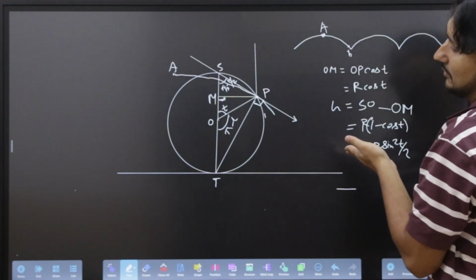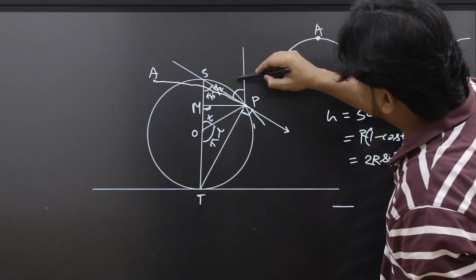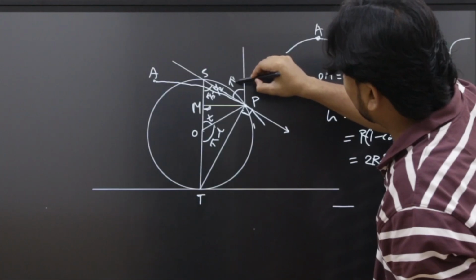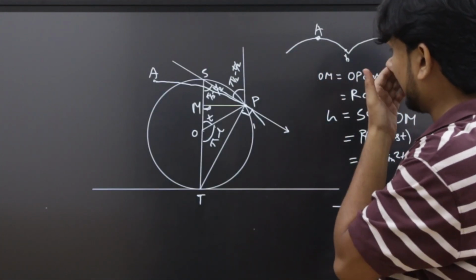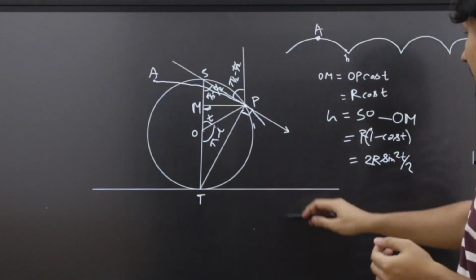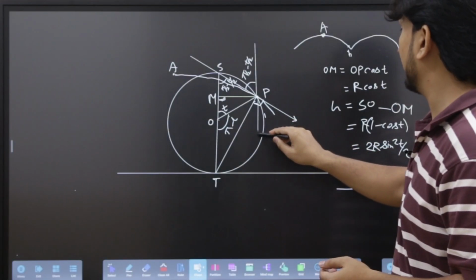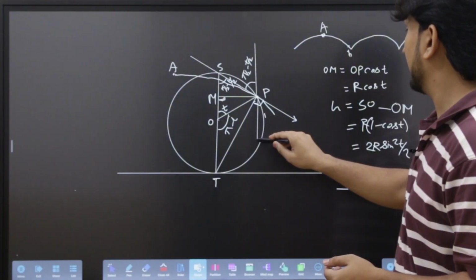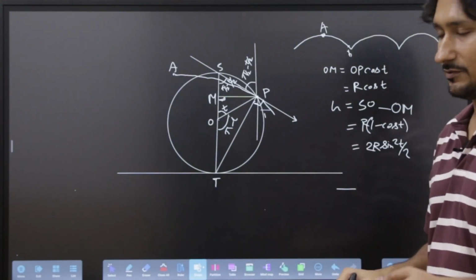By the property of transversal, this angle here is also pi by 2 minus T by 2. And if I extend this vertical a bit like this, then the angle on the other side will be pi by 2 minus T by 2 as well.